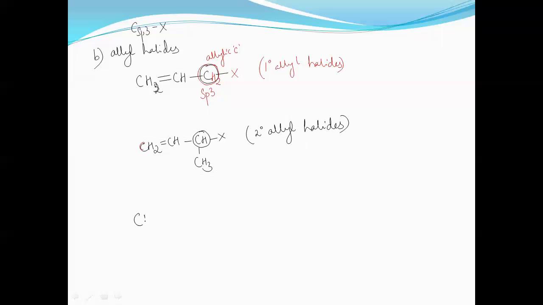Now, if this is attached to a carbon which is tertiary, so allylic carbon and tertiary and sp3 hybridized, these are tertiary allyl halides. So these allyl halides can be primary, secondary, and tertiary.